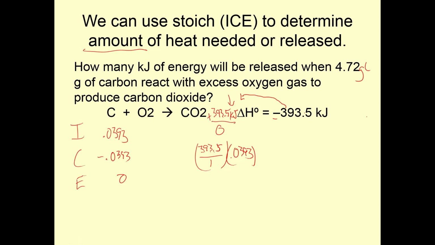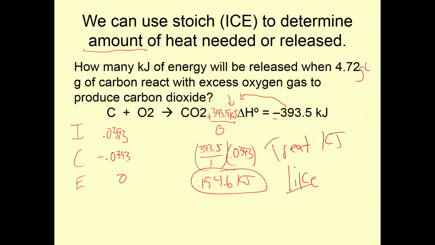So I'm going to take 393.5 times 0.0393, and I'm going to get 154.6 kilojoules. That's my answer. So what we learned here is to treat kilojoules like moles. It's not the same thing, but it means use your coefficients.